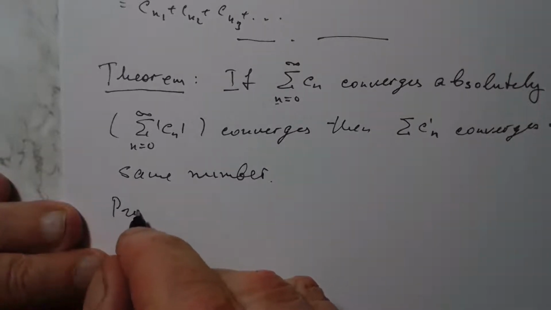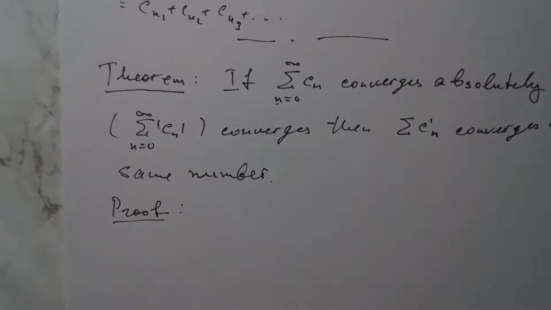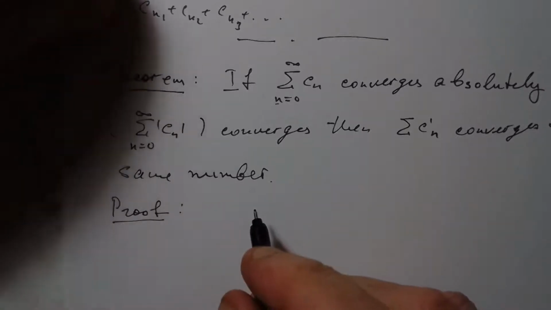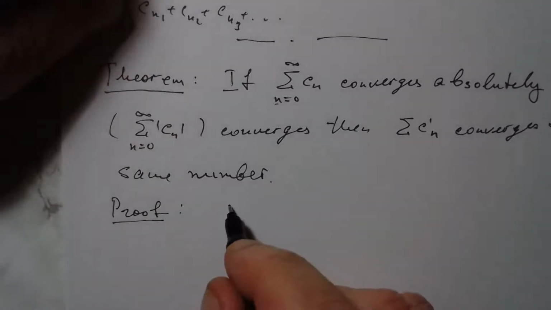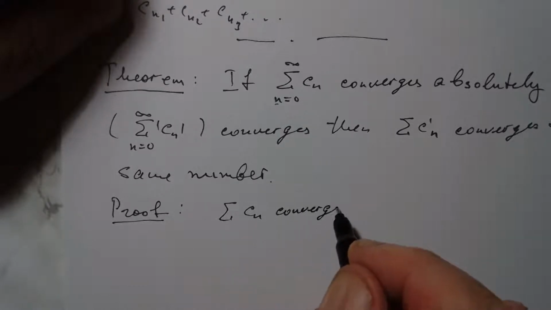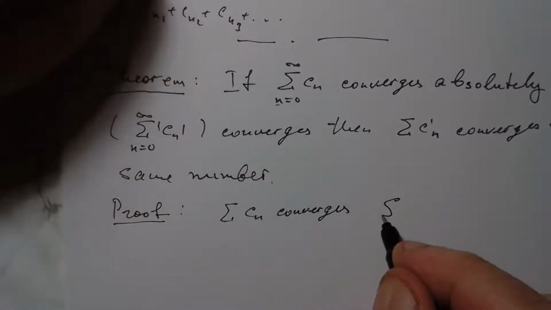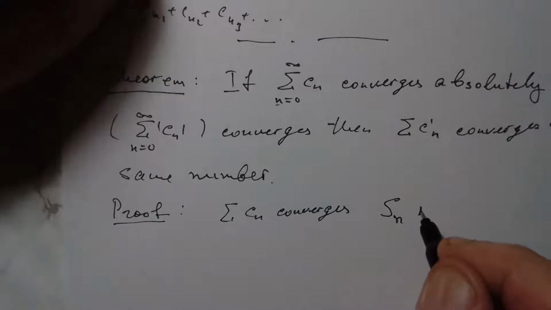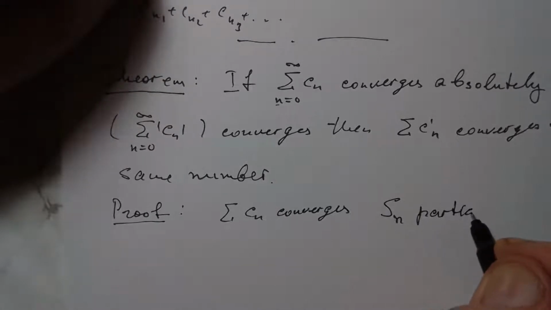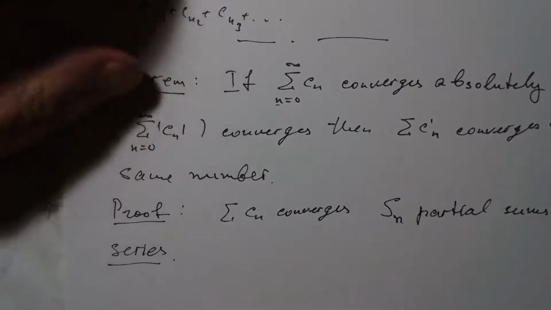And the proof is not very difficult, but you have to be a little bit conscious of this thing. Okay, so first of all, I know that the series Cn converges. And what I'm going to do next is I'm going to use Sn to denote the partial sums for the series. All right.